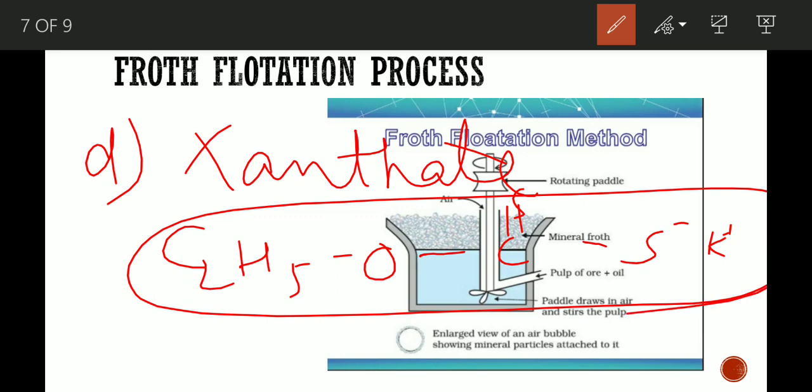You need not remember the formula, but I'm just telling you that xanthate is employed in this process as a collector, to increase the wetting of the sulfide ore.